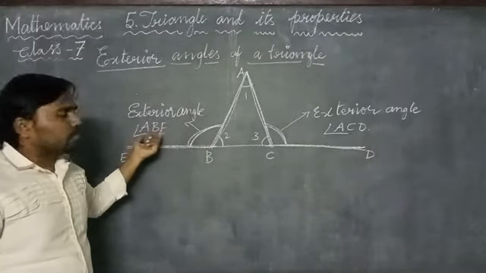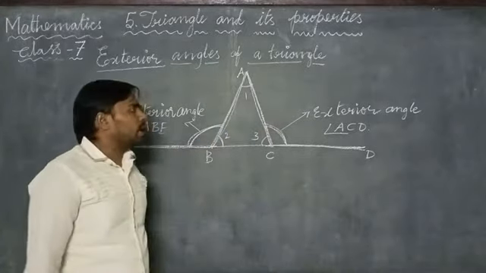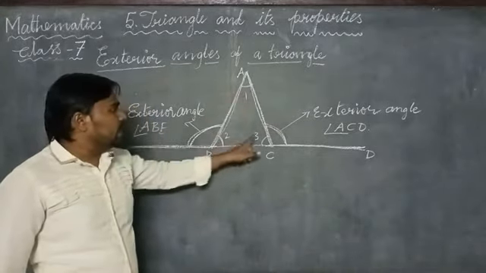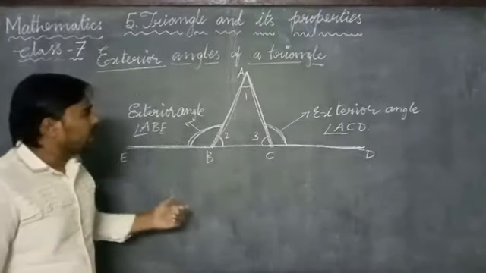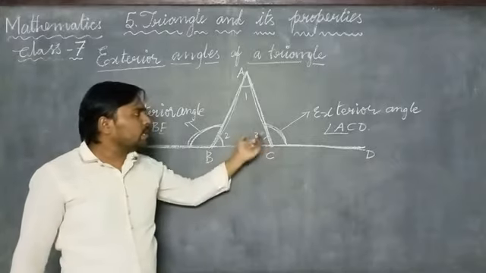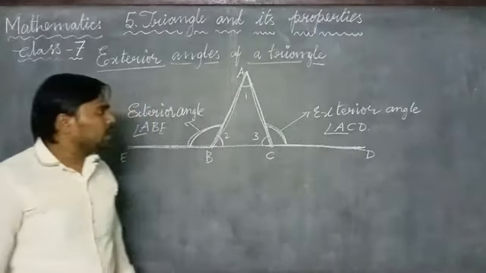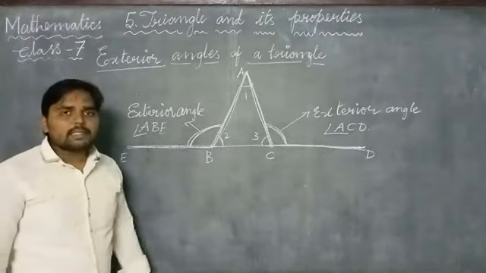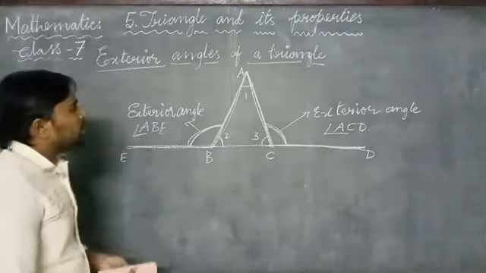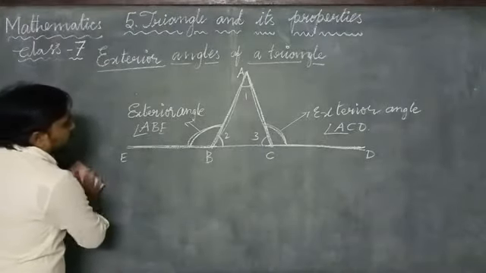Exterior angles of a triangle are located outside the triangle. Any angles inside a triangle are treated as interior angles. If any angles are located outside the triangle, they are considered exterior angles of the triangle. Okay, now let us see the property of exterior angles in a triangle.